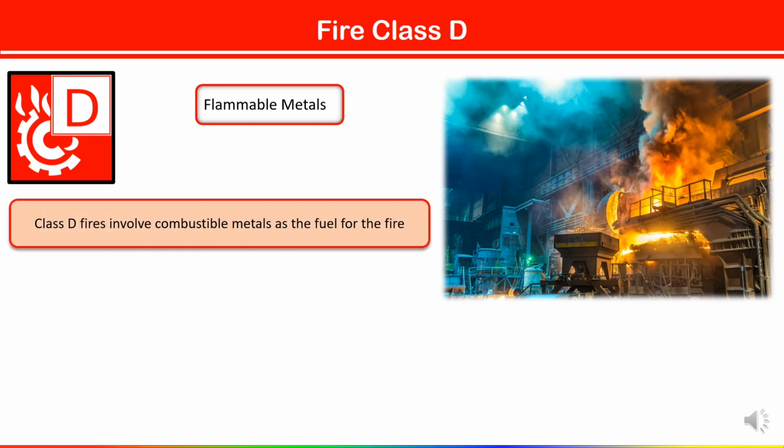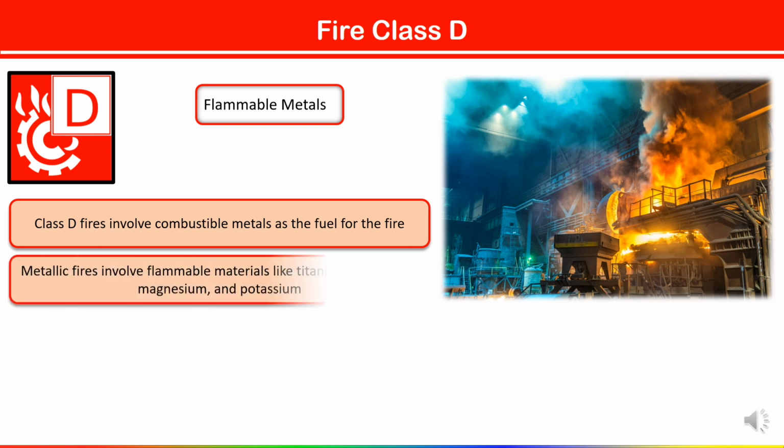So here it is given that class D fire involves combustible metal as the fuel for the fire. Metallic fires involve flammable material like titanium, aluminium, magnesium, and potassium.